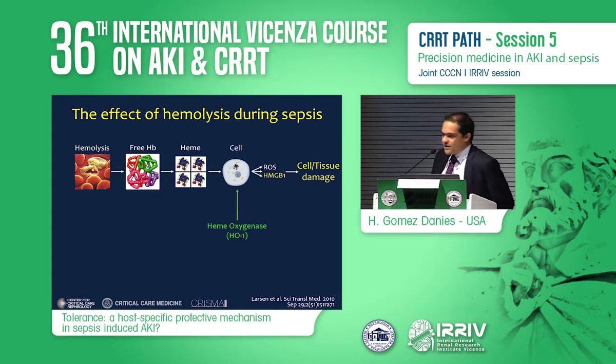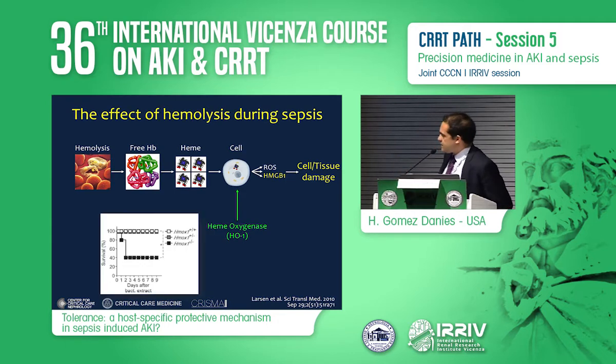Well, Larsen did a very, very interesting study where they found that the expression of heme oxygenase, which is an enzyme necessary to deal with the digestion of this heme, was protective in this setting, because animals that lacked HO1, or heme oxygenase 1, died more when infected during experimental sepsis.